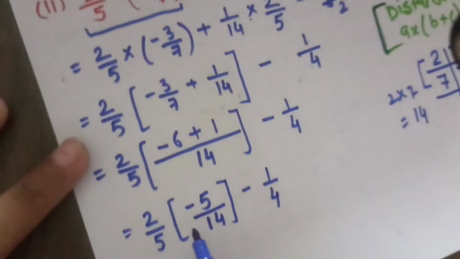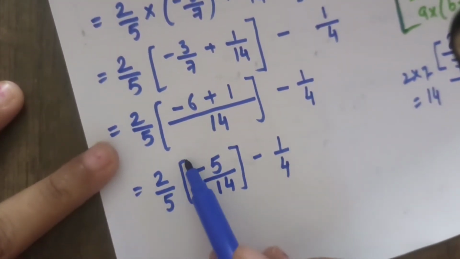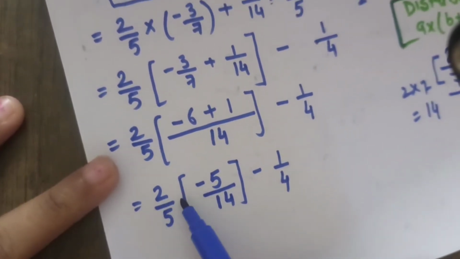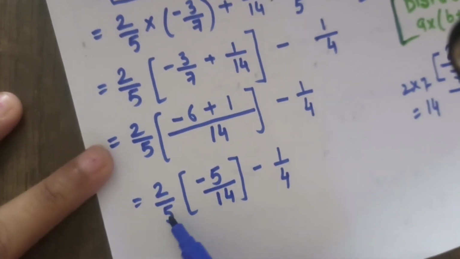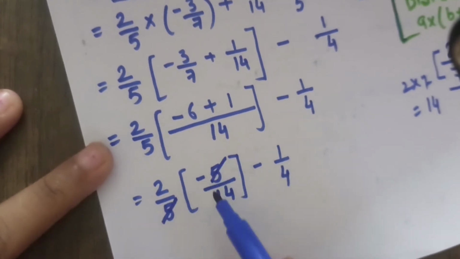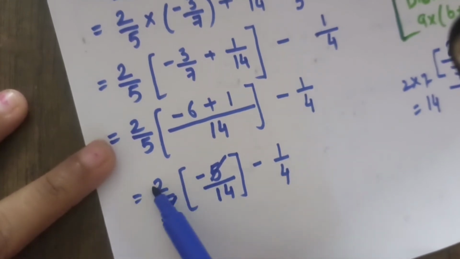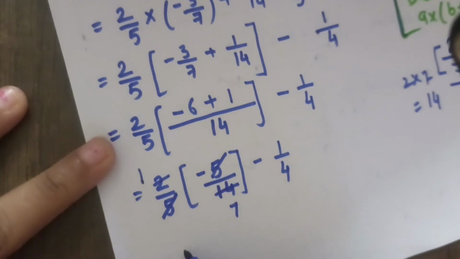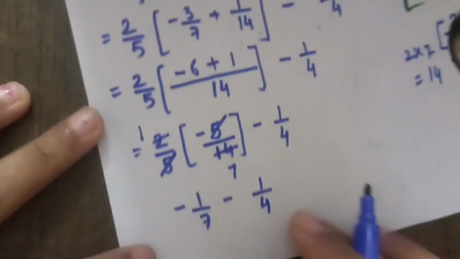As I told you earlier, because these two rational numbers are separated by this bracket and there is no sign between them before the bracket, we assume these two numbers are being multiplied. So 5 is in the denominator and 5 is in the numerator, it will cancel out. Also 14 is being divided by 2. 2 ones are 2, 2 7s are 14. We will get minus 1 by 7 and minus 1 by 4.